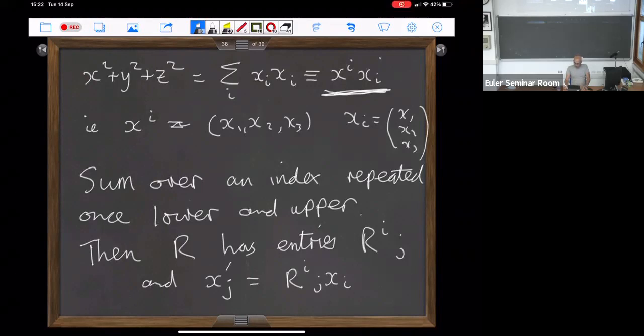So in this notation, we can write the entries of the matrix R as R upper i, lower j. You see that when I'm writing x prime j as the transformation of x lower i, the i index is summed over, and that's just matrix multiplication of a matrix times a vector.